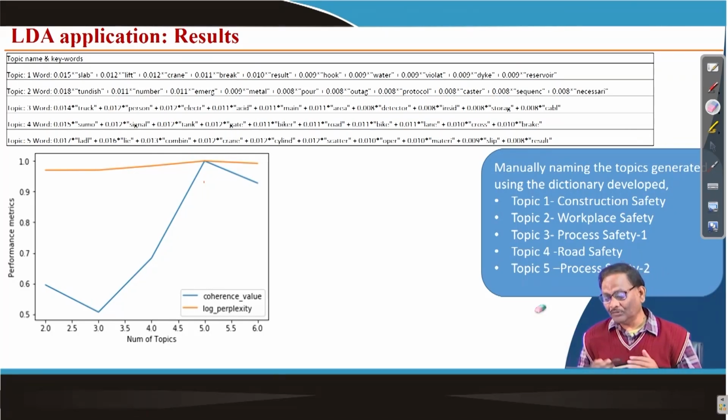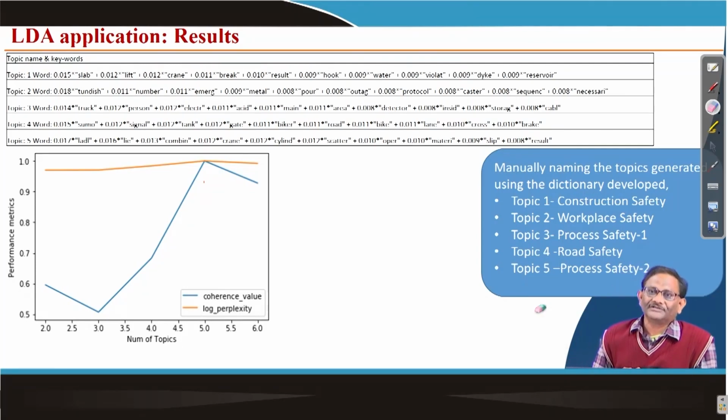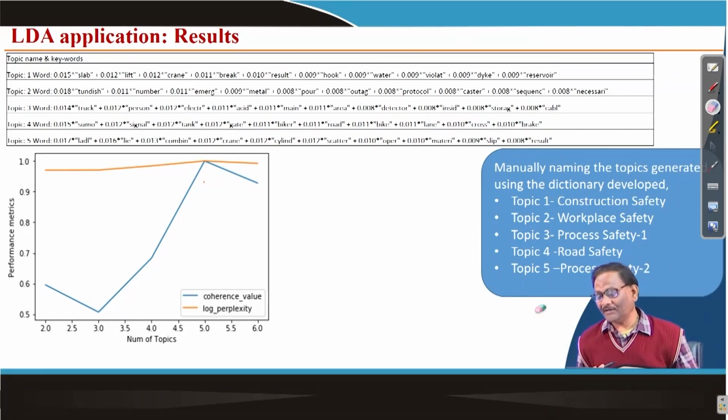Now, how you will extract the topics, what topic will be important, that requires domain knowledge. If you don't have that domain knowledge, finally you may not be able to interpret the topics also.